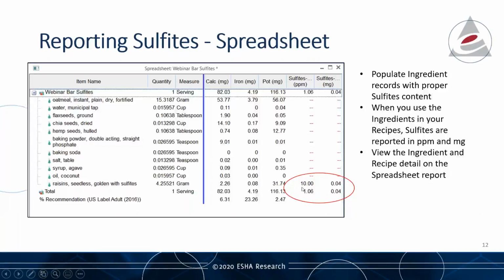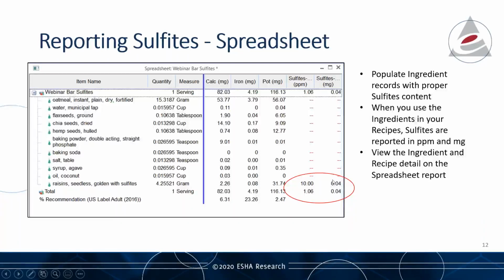So parts per million for an individual ingredient won't change. It's a concentration, so that wouldn't change no matter how much of the ingredient you have occurring in a recipe. And here is a recipe reflection: how much of this ingredient is contributing to the finished product in terms of the recipe. So again, this amount wouldn't change if you change the serving size of this recipe.